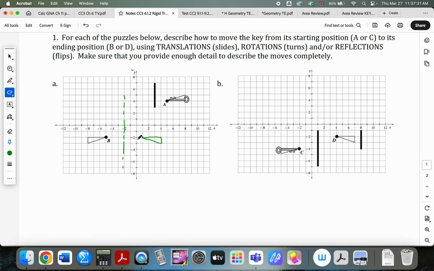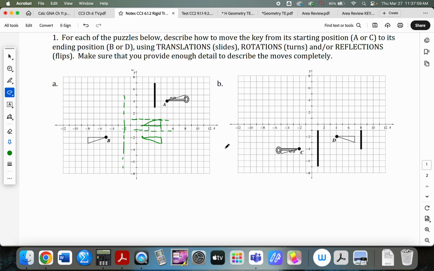Y equals 1. Yeah, y equals 1 would be here. And the problem with flipping it over there is it's going to run right into that wall. Okay. So over -1, and then it would be right there.